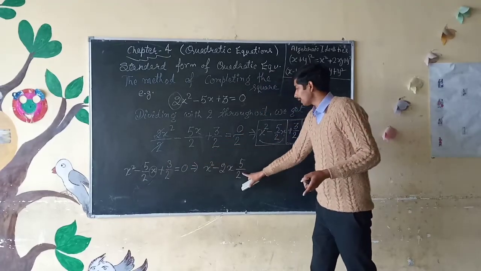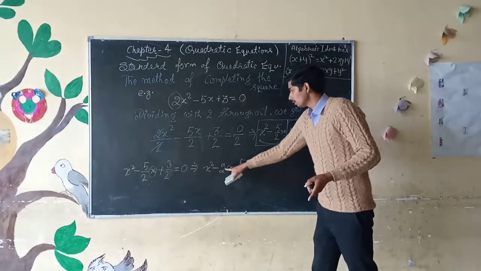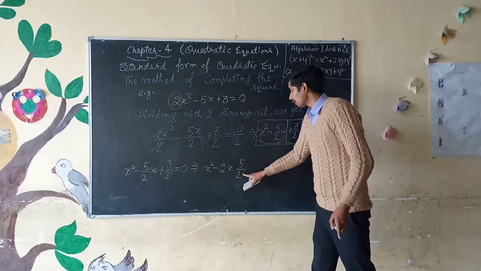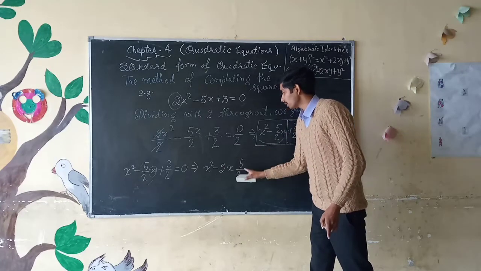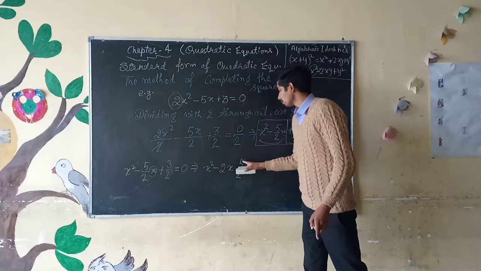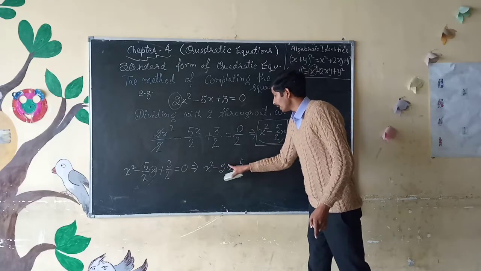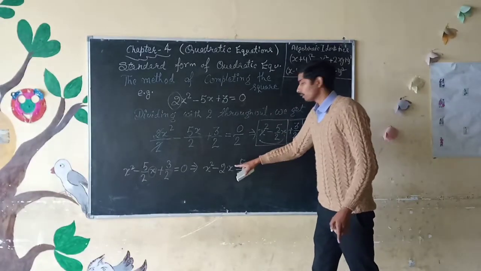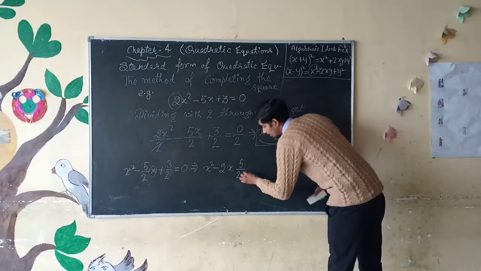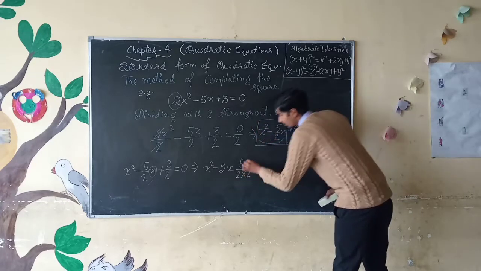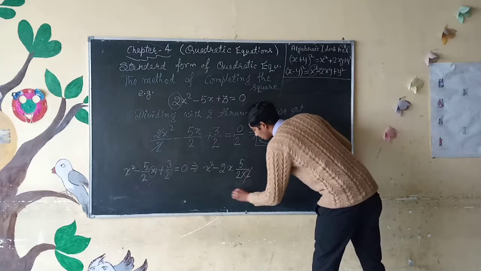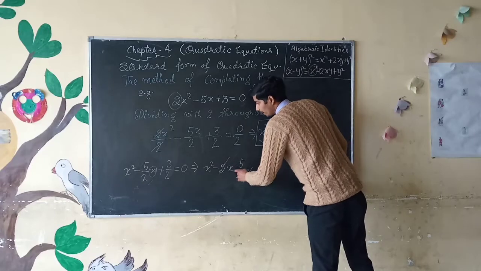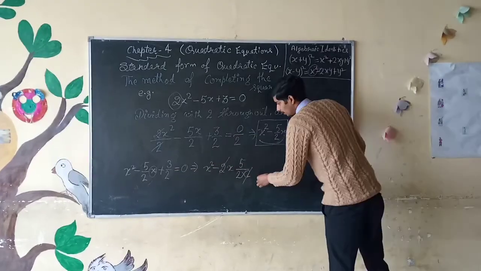So we have to multiply here by 2, and because we have multiplied here by 2, we have to divide this term of this quadratic equation, that is 5 upon 2 x, and we multiply here by 2 according to the identity. Now if we divide by 2, then what will happen? This 2 and this 2 will cancel each other and we get 5 upon 2 x as before.